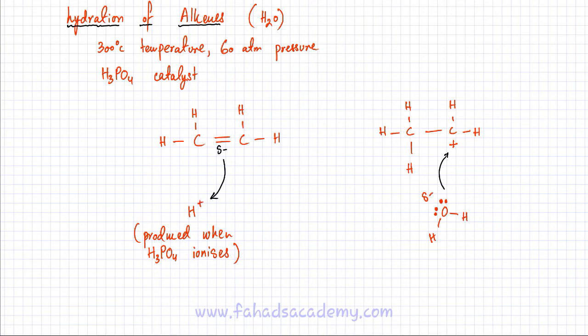So a pair of electrons in the double bond, the pi electron cloud to be very specific, is going to get attracted to the hydrogen ion, the positive ion over here. If the electrons get attracted by the hydrogen and the hydrogen ends up bonding with them, the other carbon atom loses the electrons in the double bond and gets a positive charge.